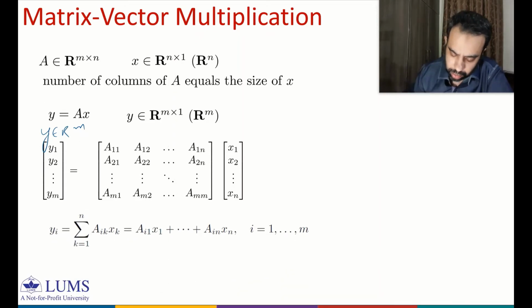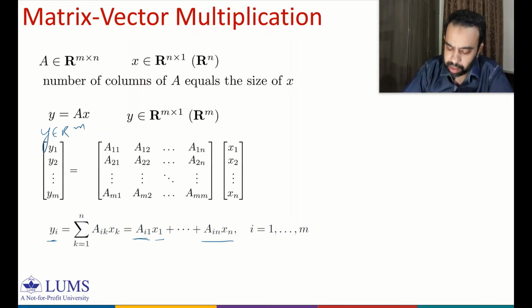So you want to find yi. This yi is given by ai1 times x1 plus ai2 x2 plus ai3 x3 and so on and so forth, ain xn. So to find the ith entry of the product y, you take ai1, ai2, ai3 and so on and so forth, ain.